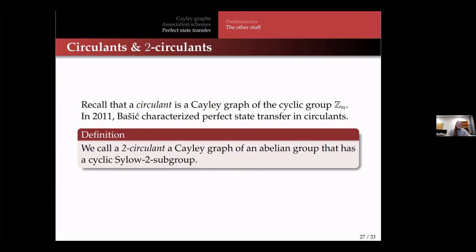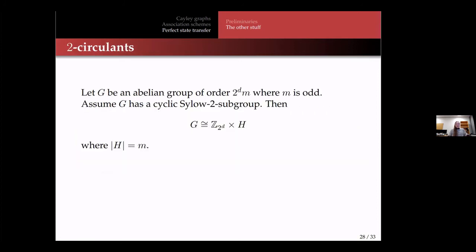What does it mean that a group is abelian and has a cyclic Sylow-2 subgroup? Well, it just means that we can write it in this form. We can write it as a direct product of a cyclic group of order a power of 2 and an abelian group that has odd order.